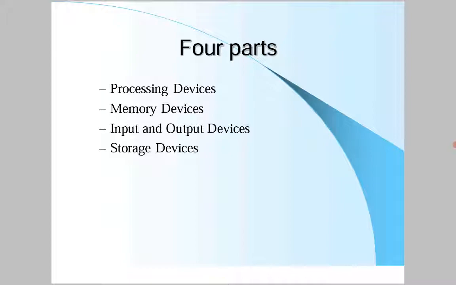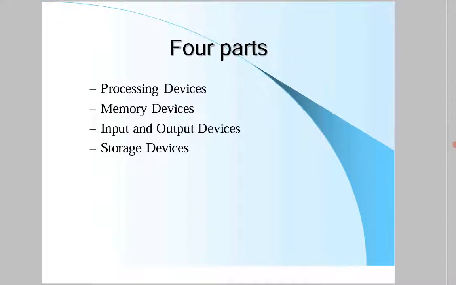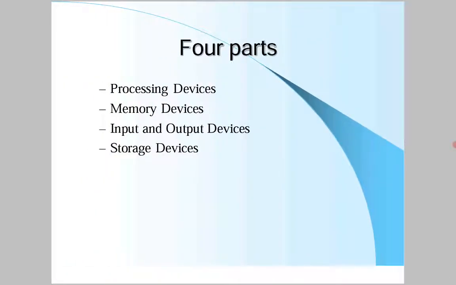Processing devices means the CPU or processor of a computer, ALU, arithmetic and logic unit, and CU, control unit. Memory devices means different types of RAMs, primary memory, secondary memory, auxiliary memory, main memory, RAM, ROM, and so on. Input output devices, as you know, are keyboard, mouse, printers, video, screens, DVDs. A storage unit means hard disks, secondary disks like pen drives.